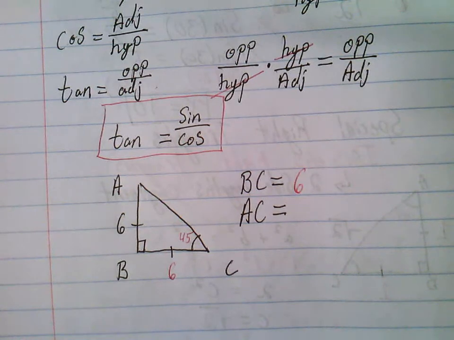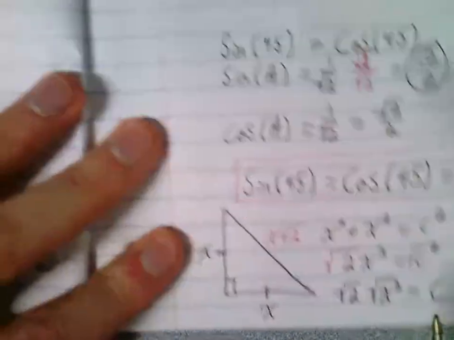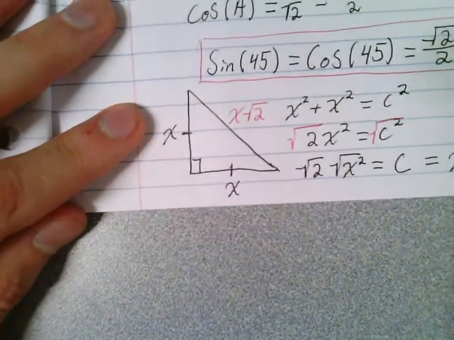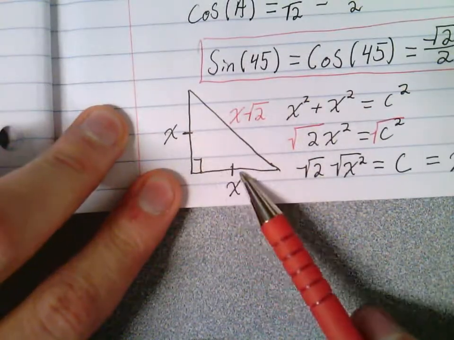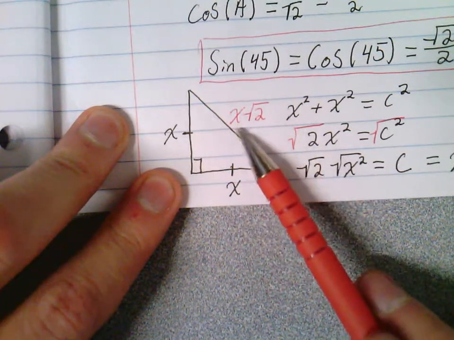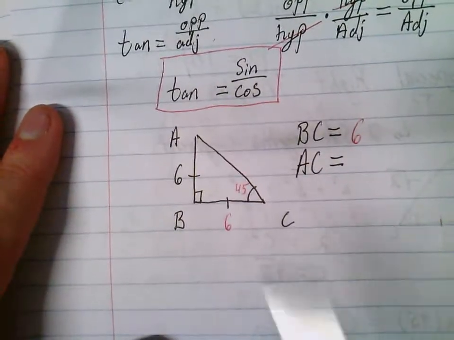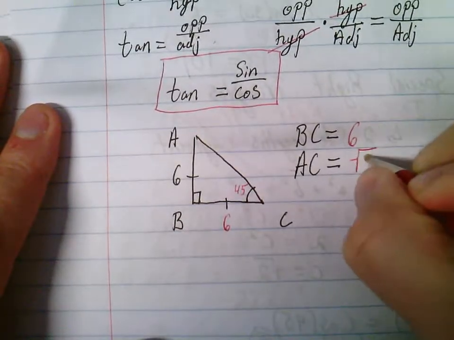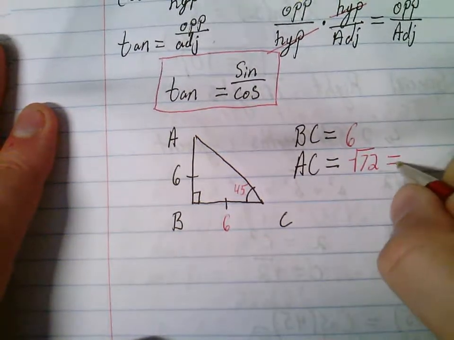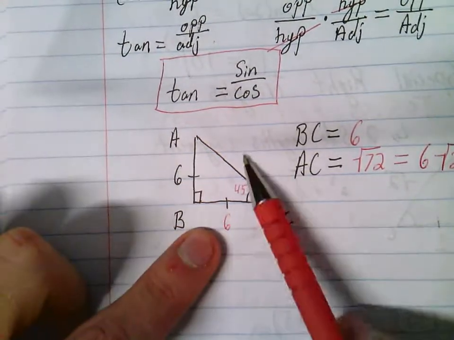Yeah, the square root of 72 is what we're looking at. Okay, but let's remember here, and I'm going to flip back to this page. We're going to write the square root of 72 slightly differently. When we're dealing with an isosceles triangle, if these two lengths are the same, we can write this third side length as the side length times the square root of 2. So if we look at this triangle again, you're right, it's the square root of 72. But what we're actually looking for is just 6 root 2. Okay, 6 times the square root of 2.